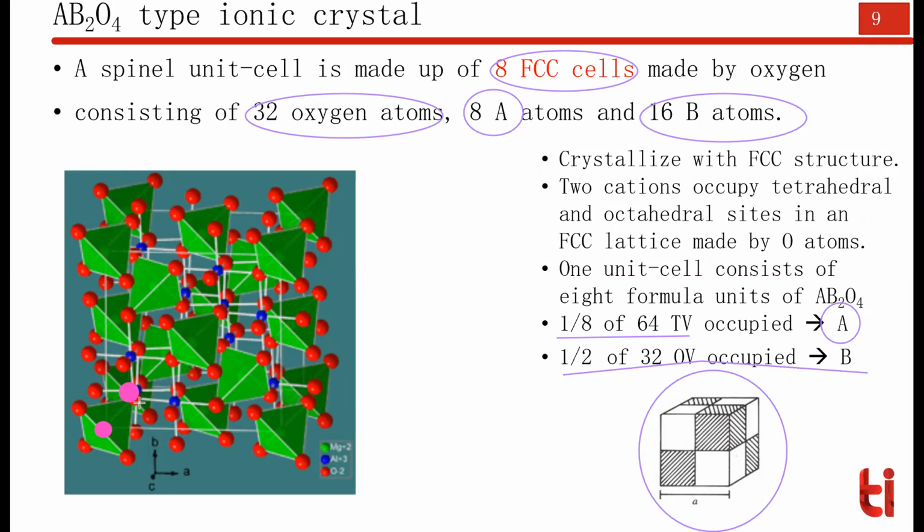Correspondingly, if I move from left to right, if in the first case the front one is occupied, then in the neighbor, the back one will be occupied. So alternate tetrahedral voids are occupied at the front and at the back side. So your green sites are the A sites and the blue dots are your edge centers, or you can say the octahedral void in each unit cell.